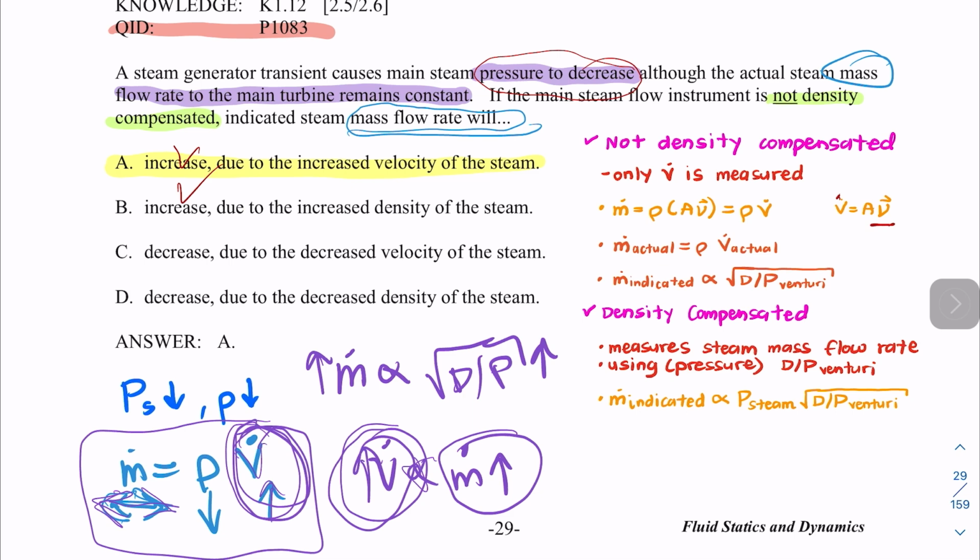So we can say, oh, what's happening is that we are also increasing the velocity of the steam, right? That's why this is being affected. Since it's not density compensated, it cannot be due to the increase of the density in the steam, right? Because it's not density compensated. So this one is a no. That's why it's an increase due to the increase in the velocity of the steam.